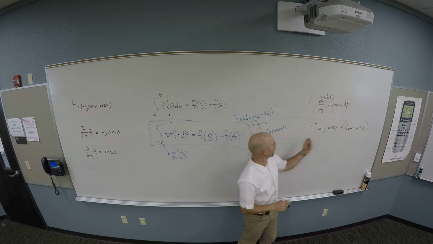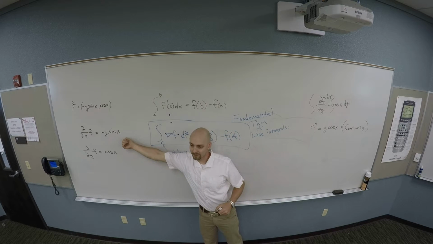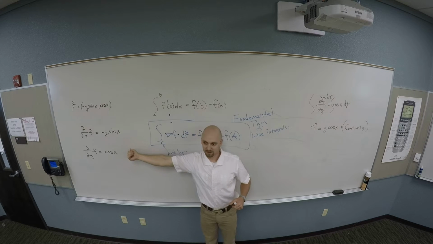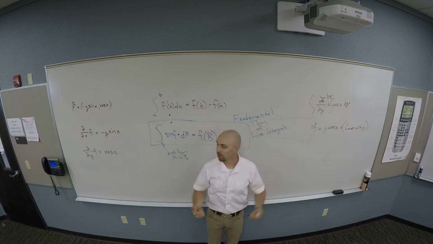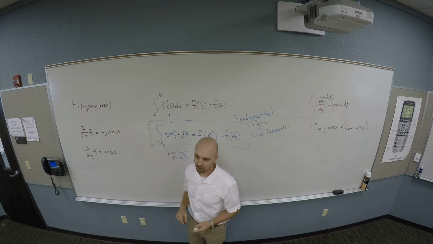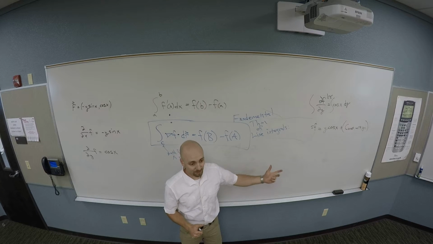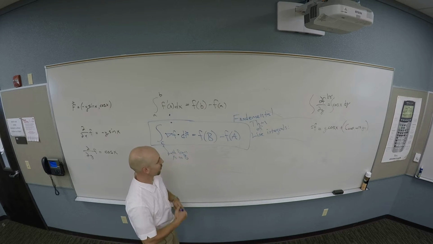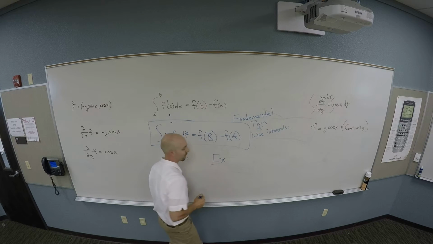So then I might wonder: is the x derivative of y cosine x the x derivative I had over here? Check. Awesome. So I found out that this vector field was the gradient of something. Here's my example.